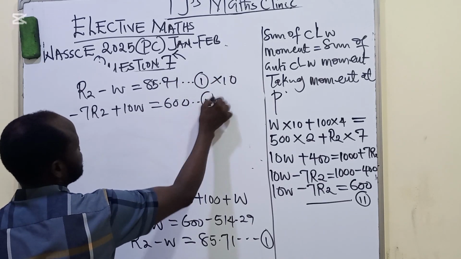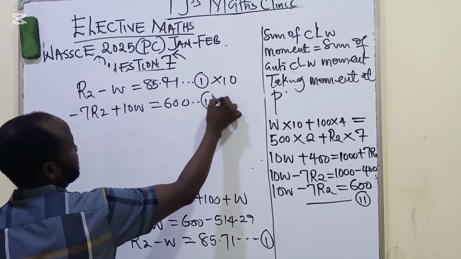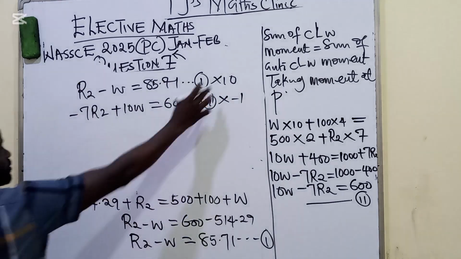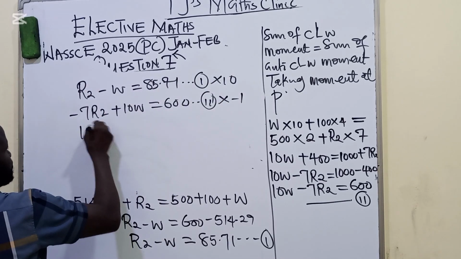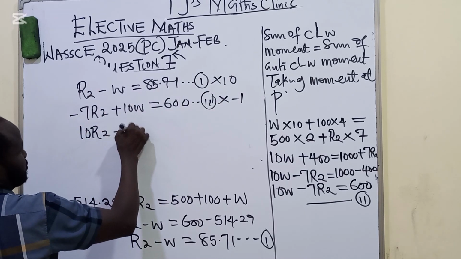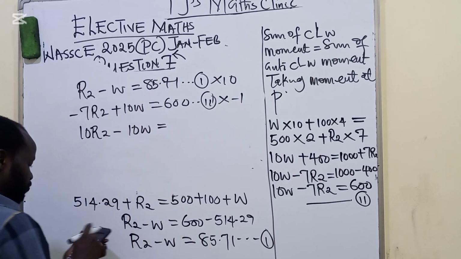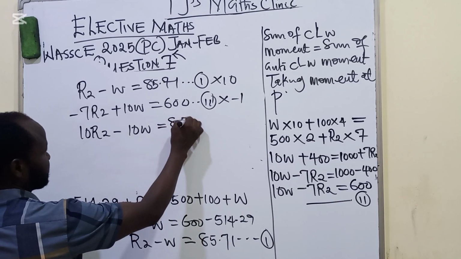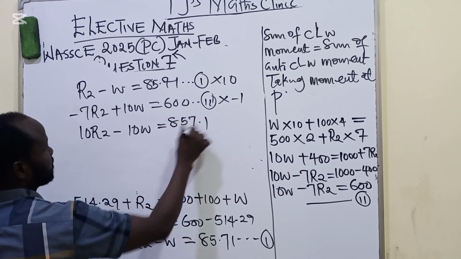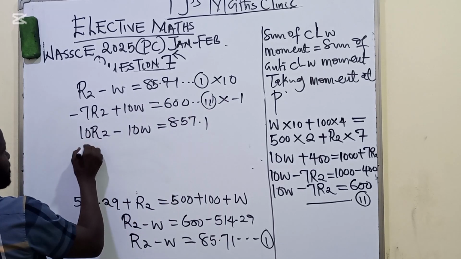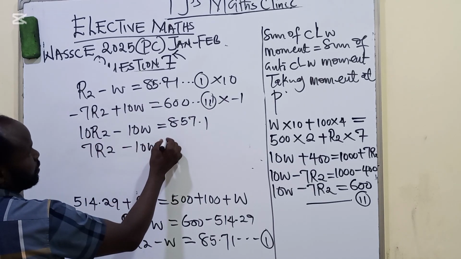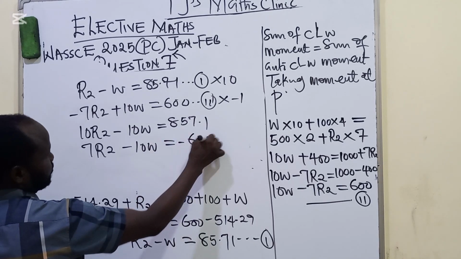This is equation 2, multiply this, let's say, by 1. That's the coefficient of W in equation 1. 10 times R, that will be 10R2 minus 10W will be equal to, multiply this by 10, that will be 857.1, minus 1 times that will be 7R2 minus 10W will be equal to minus 600.